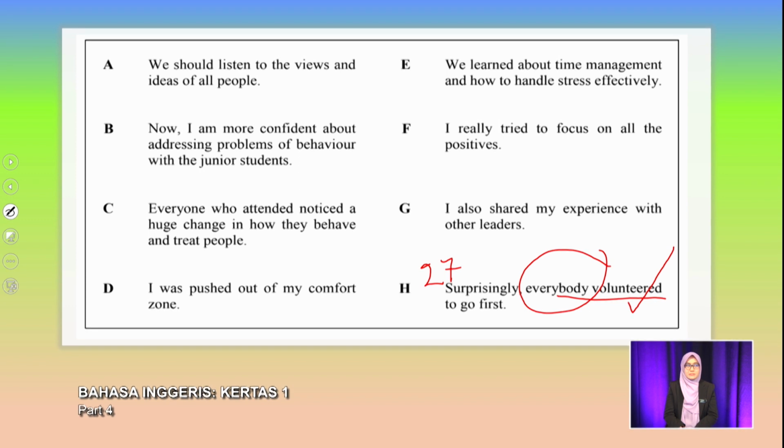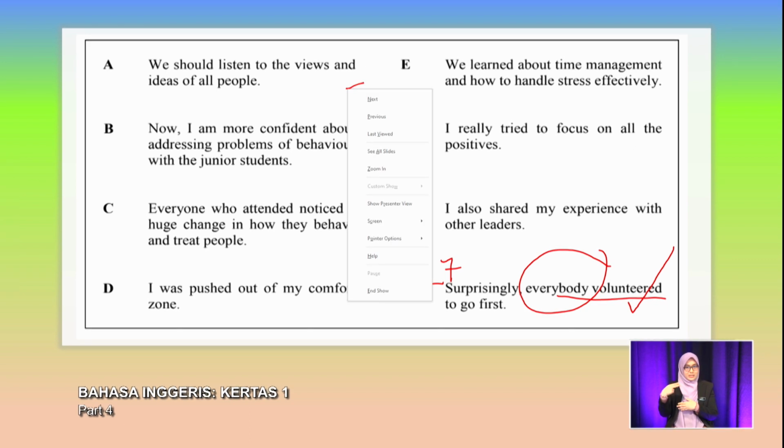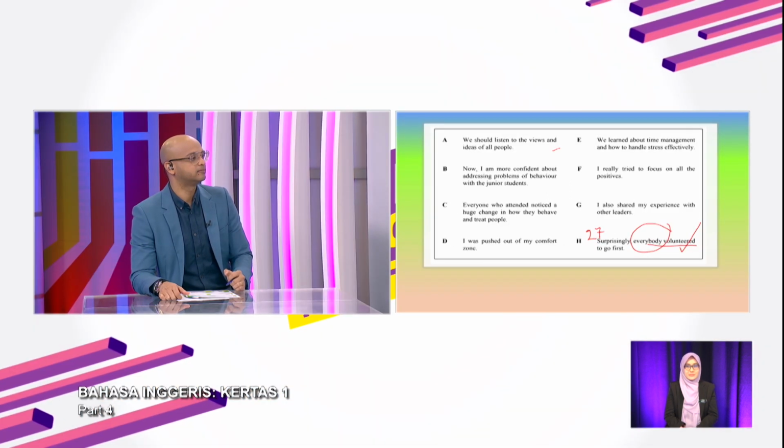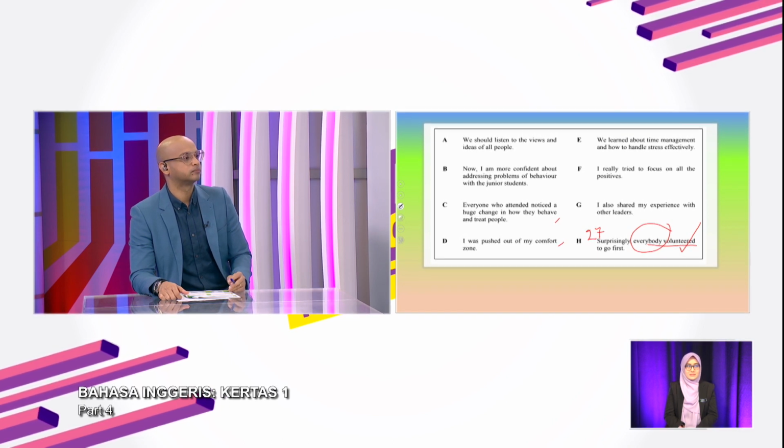Which one is talking? Okay, this one we are talking about views and ideas. Okay. This one about behavior. Yes. Okay. This one about the changes. Yes. Okay. This one about the person itself, the writer itself, push out of my comfort zone. Then about time management, focus on positives and sharing experience.